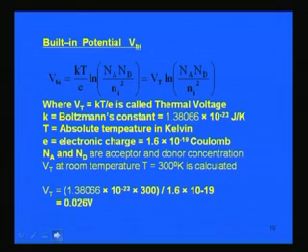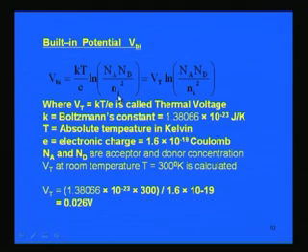Now this built-in potential has an expression given by kT by e times the natural logarithm of Na Nd divided by Ni squared, where Na and Nd carry their usual meaning, that is, the concentration of the acceptor atoms and the concentration of the donor atoms, and Ni is the intrinsic carrier concentration.